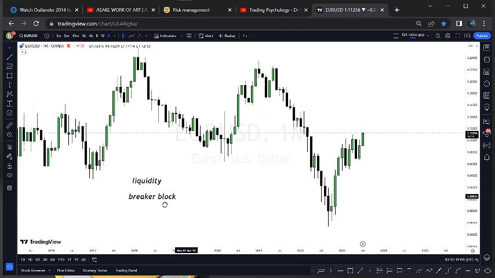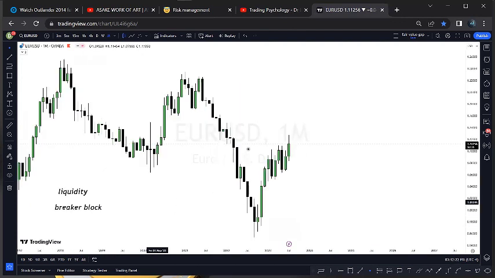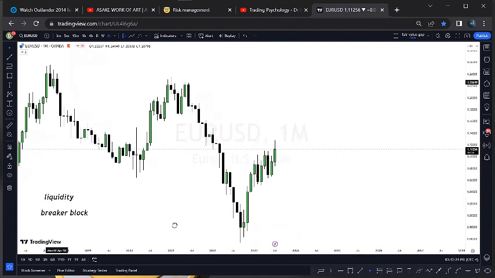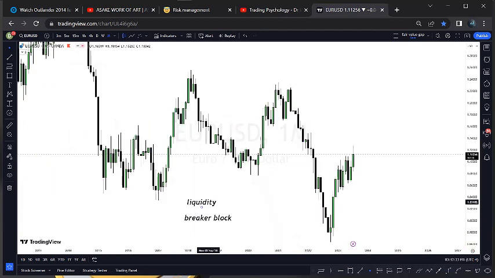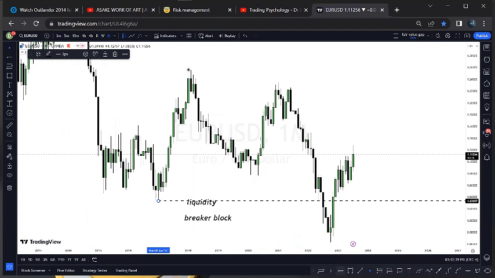Now, we all know that in every chart, let me use our normal retail terminologies, we have the supports and we have the resistance.